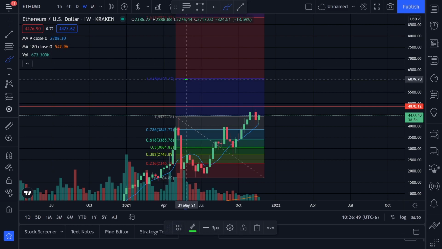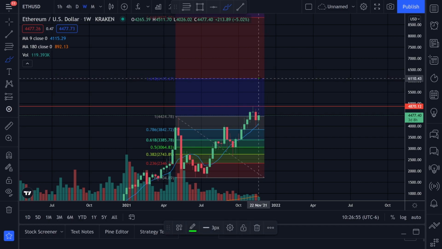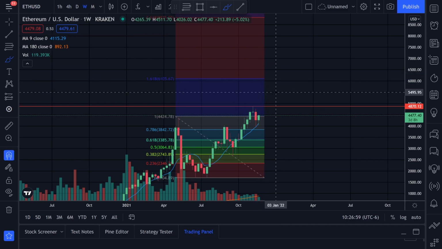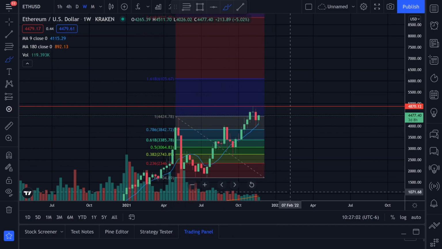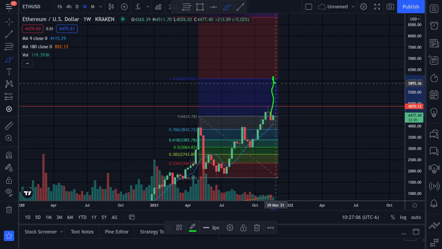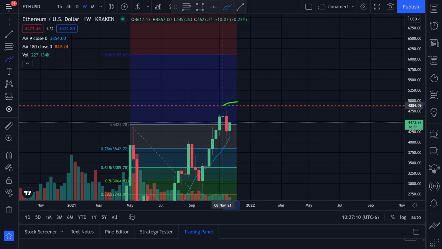What I would be looking at is this level right here on the Fibonacci tool, and this is sitting around 6,100, or approximately 6,000 in general. That's what I was kind of targeting, 6,100. I think this might be the next target in general. But like I said, we have to get through this 4,870 level first.